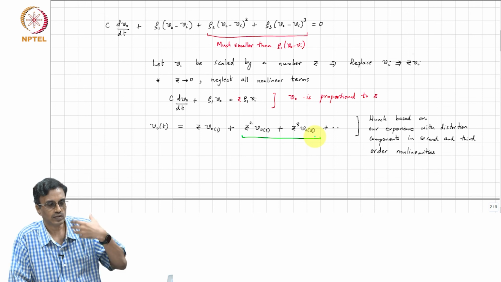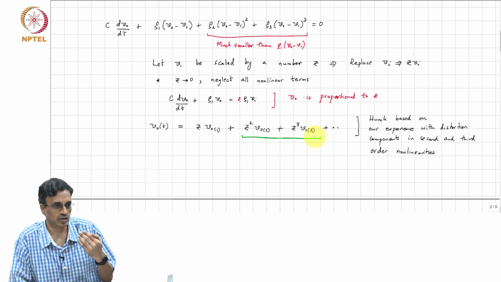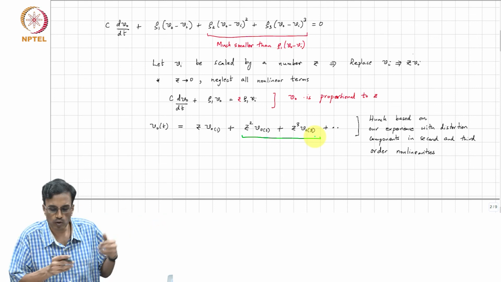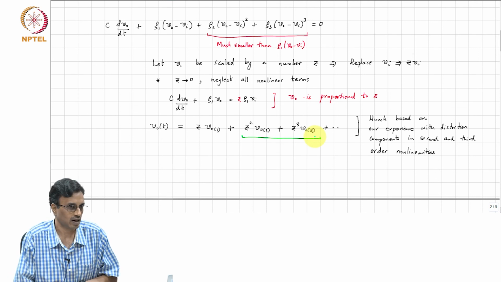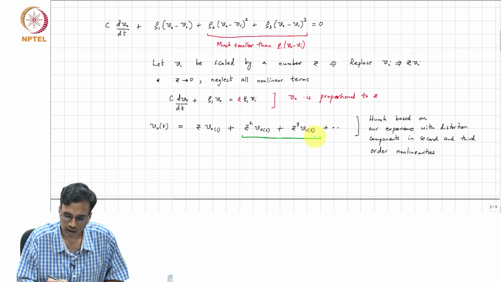Because of second order nonlinearity, you should expect to see an error term which is proportional to Z square. You should also expect to see a term which is proportional to Z cube and all other higher order nonlinearities.